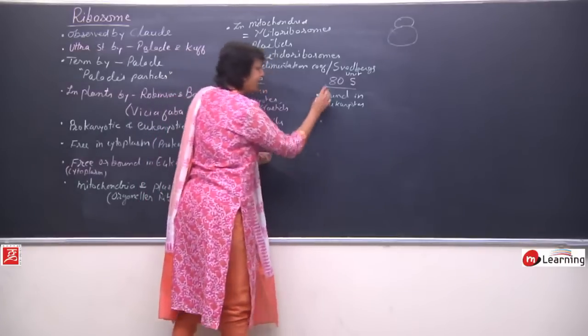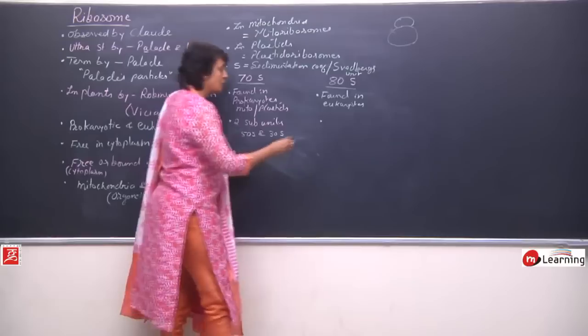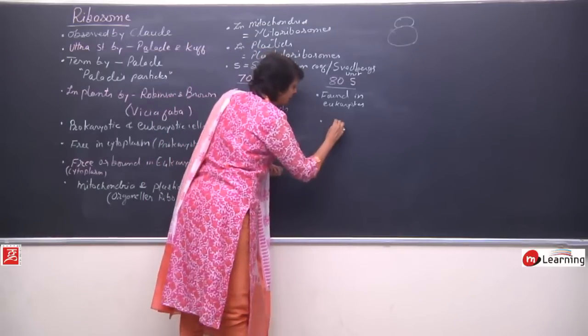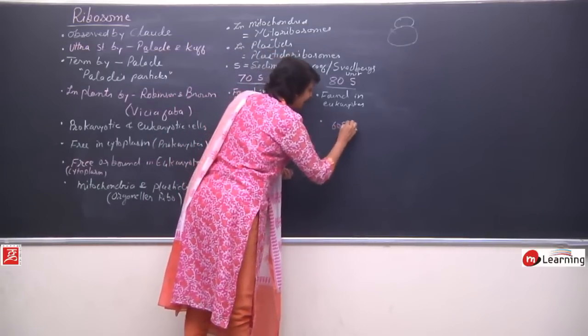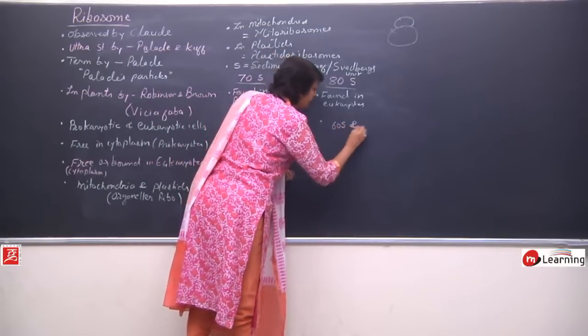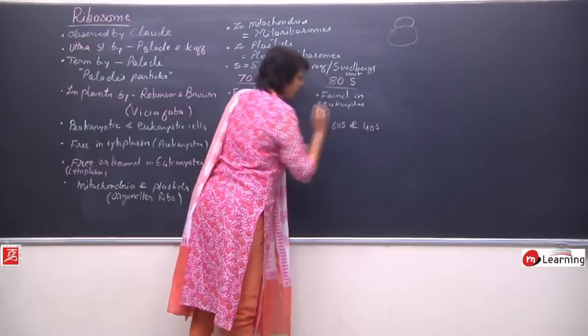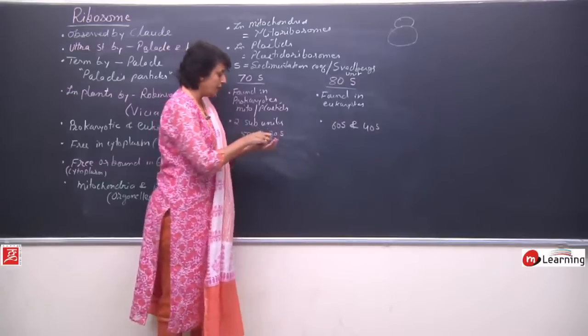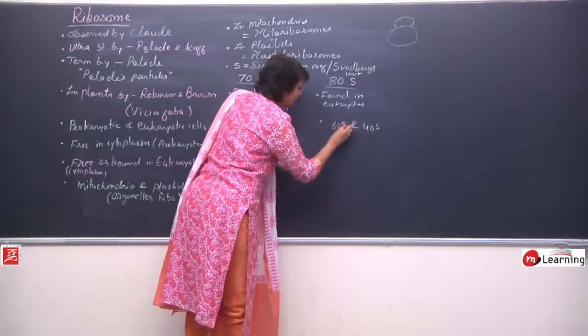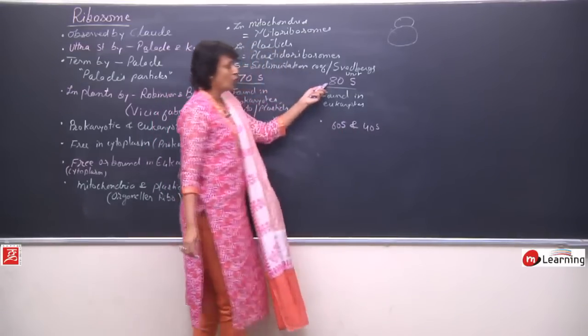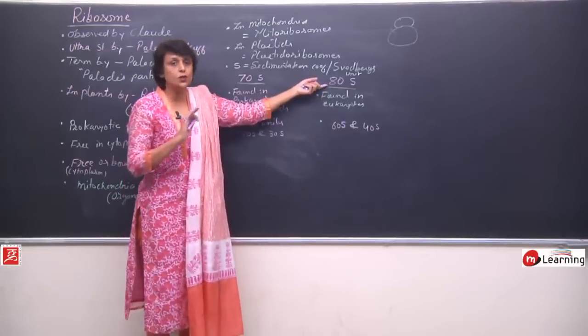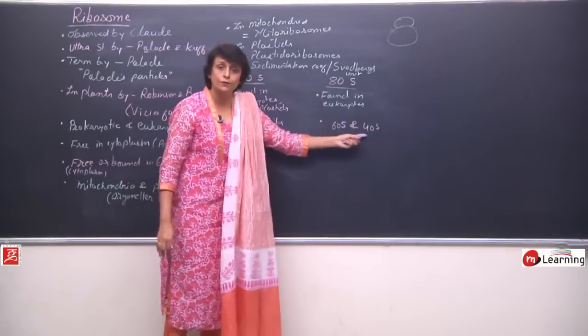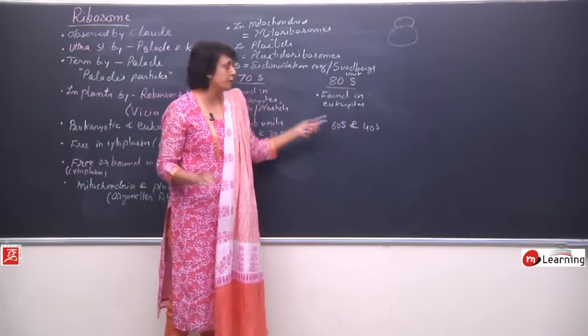In case of 80S, again there are two subunits. The larger subunit is 60S and the smaller subunit is 40S. Again, let us not get confused with the addition. This total sedimentation coefficient is not the addition of these two. These three things are different.